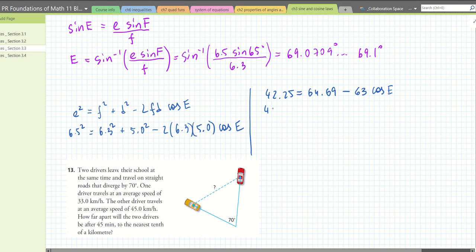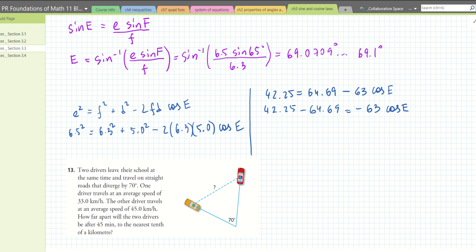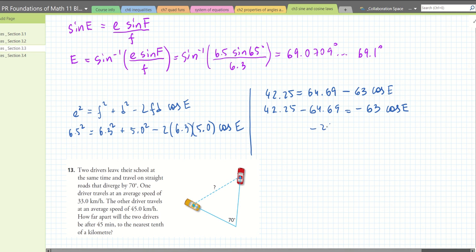So we're going to end up with 42.25 minus 64.69 equal to negative 63 cos E. So 42.25 minus 64.69, we get negative 22.44 equal to negative 63 cos E. Now, because we have negatives on both sides of this, if you divide this side by -1 and you divide this side by -1, the negatives will basically disappear, reduce away.